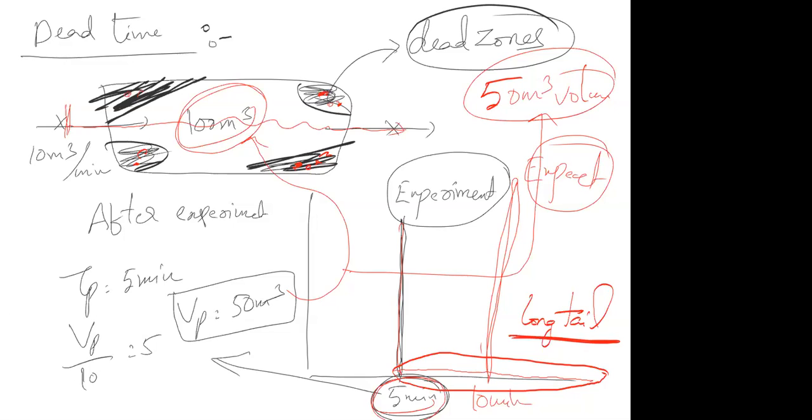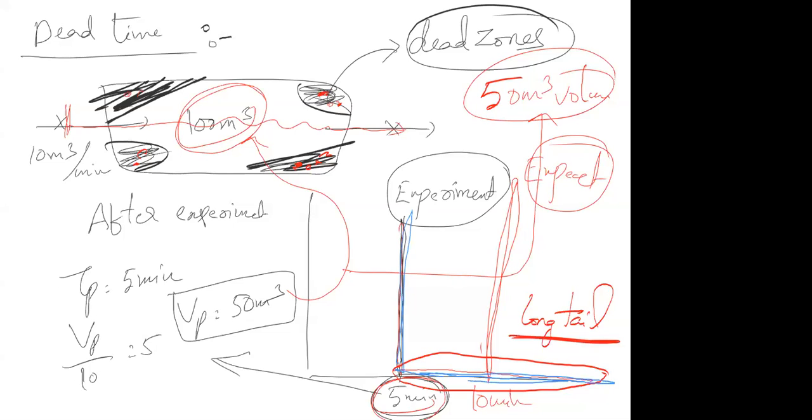Dead zones are possible in a CSTR also. Suppose I have a CSTR, maybe I'll come to the CSTR and show it to you. Yes, that long tail will overlap with this one. So this is how the RTD is. It is a straight line and a small tail.